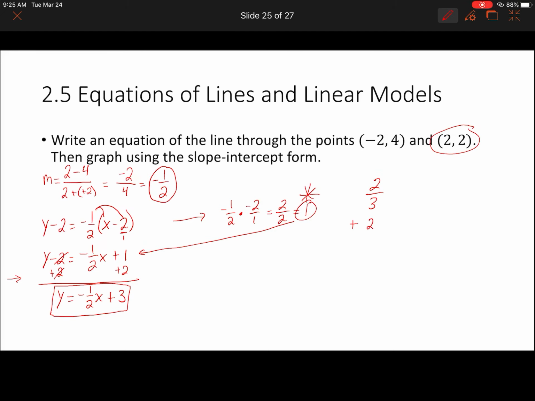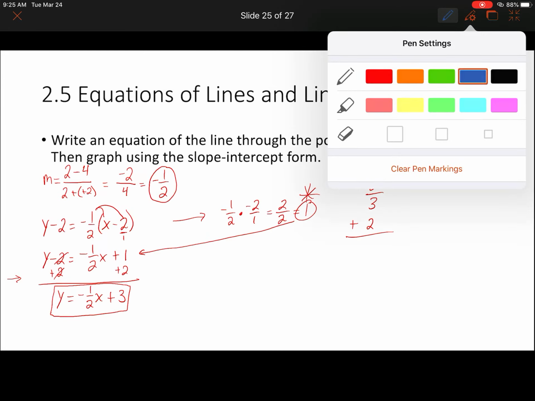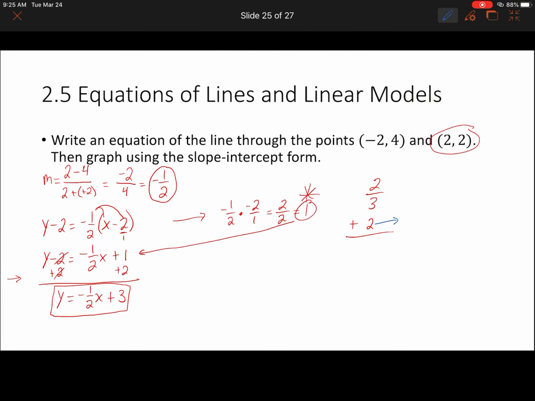When we go to add this 2 in this step, if you were to add 2 to the 2/3, you would need this 2 to be a fraction with a common denominator of 3. And the number on top of that fraction would be this 3 times the 2, which is 6. Because 6 over 3 and 2 are the same thing, right?